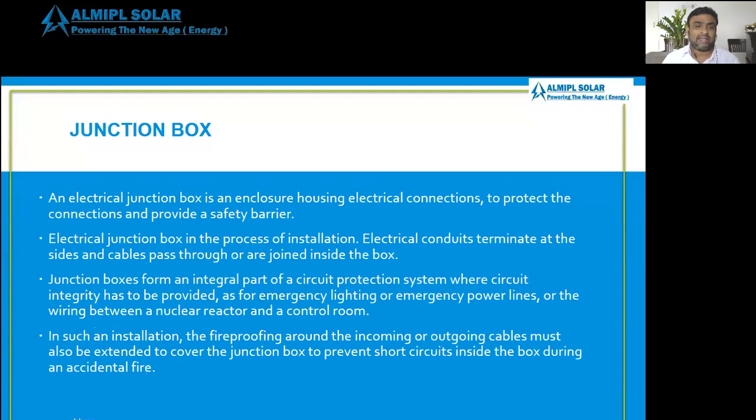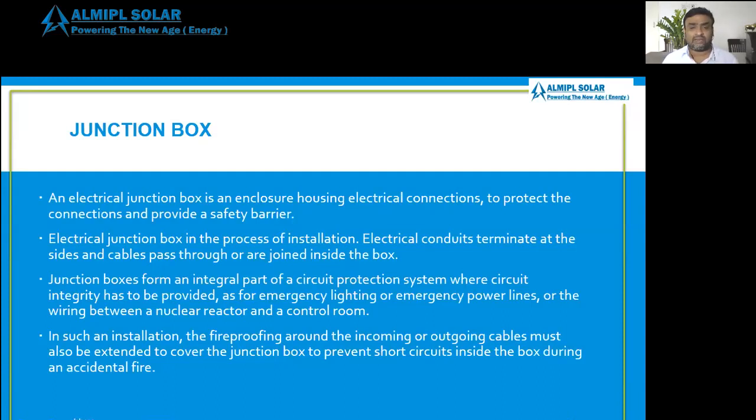Junction box. An electrical junction box is an enclosure housing electrical connections to protect the connections and provide a safety barrier. Electrical junction box is the process of insulation. Electrical conditions are determined at the side where cables pass through or are joined inside the box.